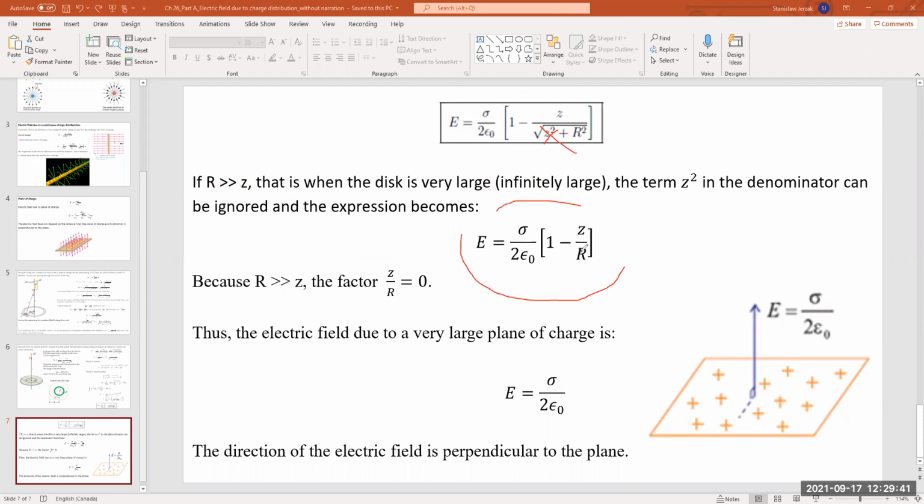Because R is much larger than z, this term becomes 0. And then the final result in this approximation, when R is much larger than z, is that the disk will be infinitely large, and then electric field will be the same, sigma divided by 2 epsilon 0, which we derived dividing the plane into lines of charge. So we got the same result under this approximation.